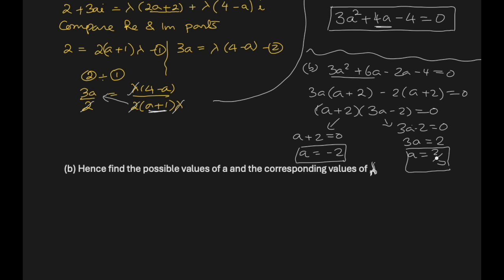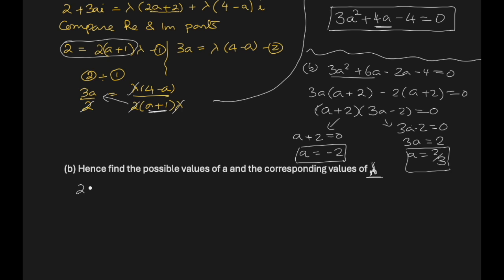Got a. However, they are also asking us to find the corresponding value of lambda. That means for a equal to minus 2, what is lambda? And we can use one of the equations. Let me use this one, equation number 1.